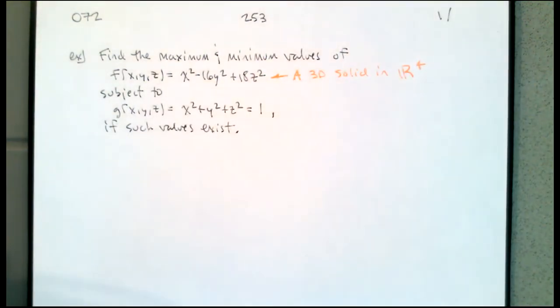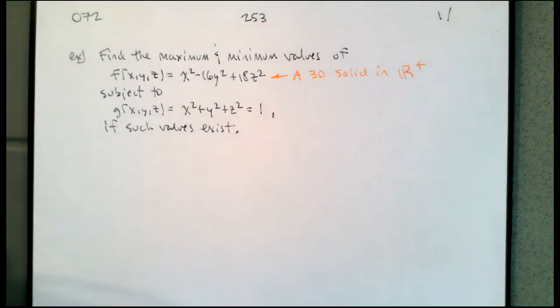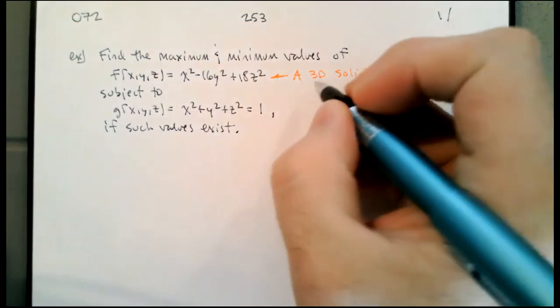So our objective function is a 3-dimensional solid in R4, but we're looking for the same thing. We're looking for a level surface of F that's tangent to the constraints. So we're still looking for the same thing, a level surface that's tangent to the constraints.